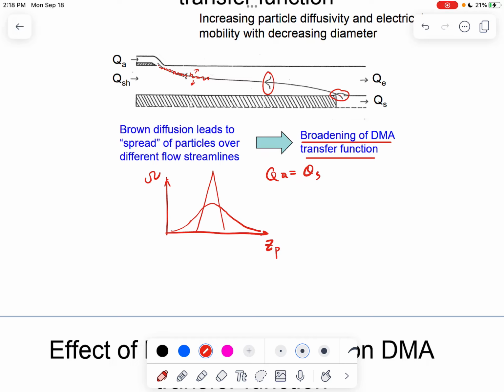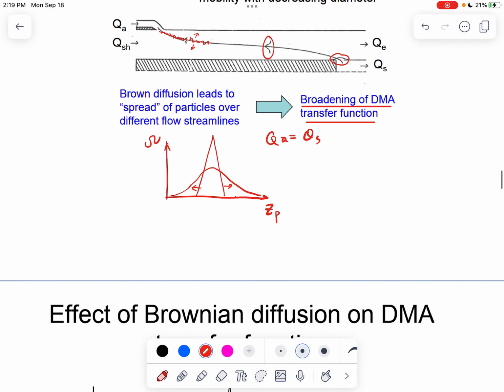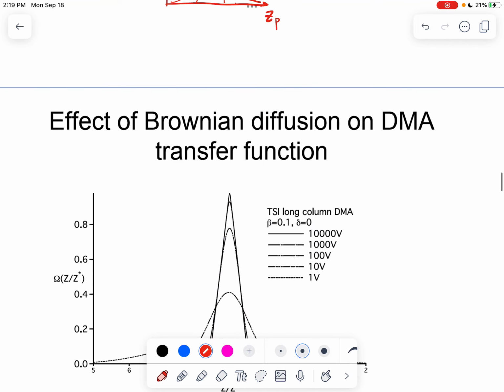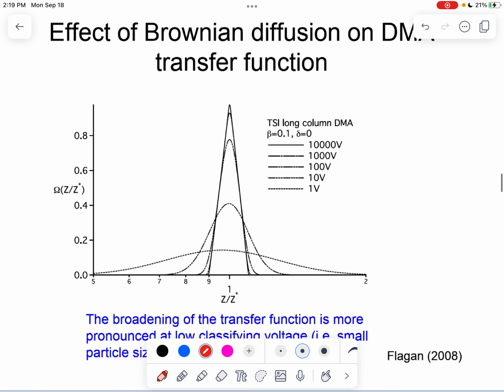Because the particles are diffusing. So the smaller particles will diffuse to a different location, so that even under a further smaller electrical mobility, you're going to detect them. And particles are also moving in the other direction, which means that under higher electrical mobility, you're also going to collect these particles, right? So this is what we call the diffusion broadening of the DMA transfer function. And this is shown in here.